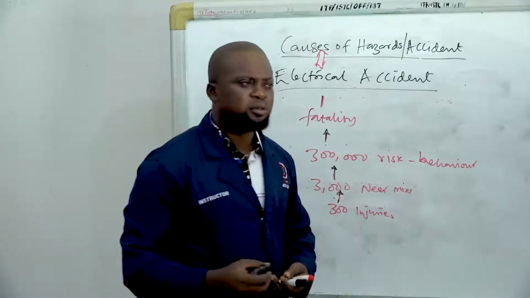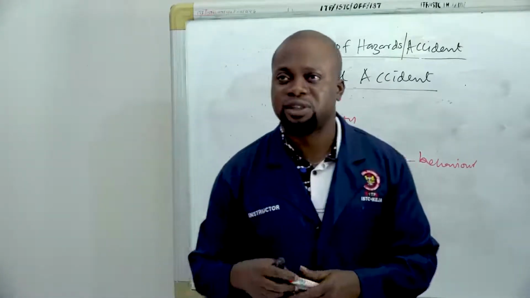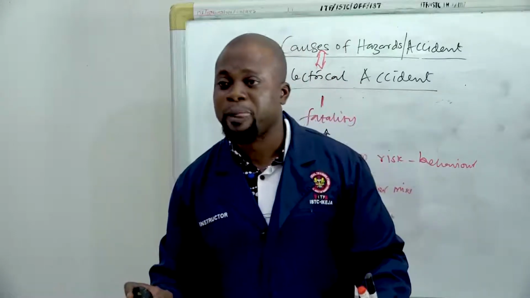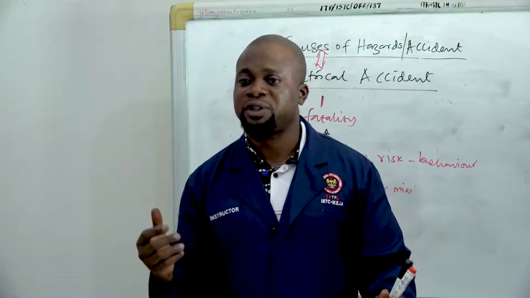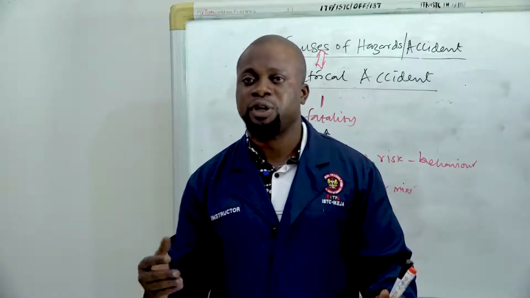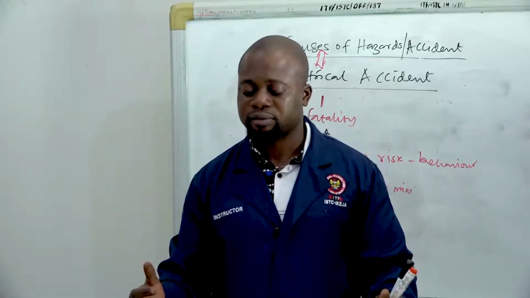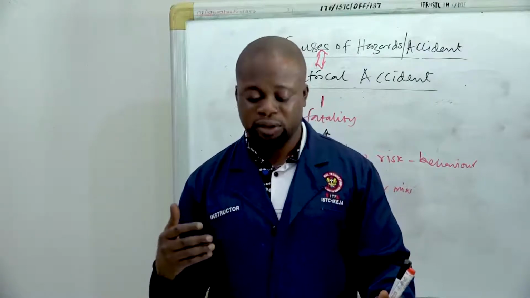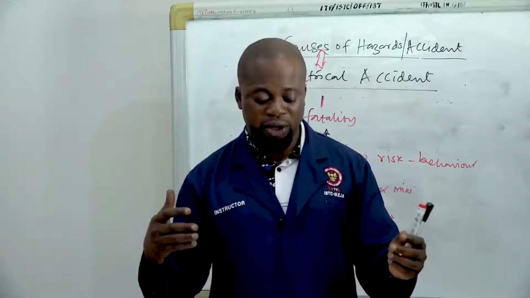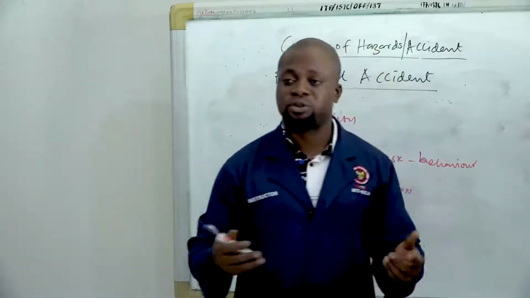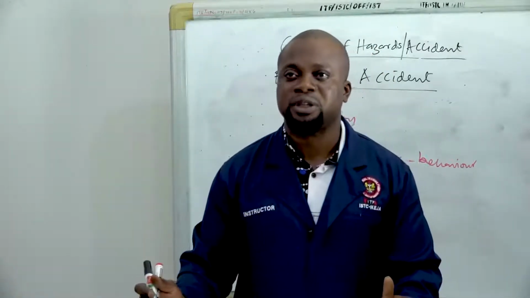So the ratio of serious accident to near miss, that is what we looked at here in the course. Then, what is the effect of electricity on the human body? Since we're considering causes, if peradventure you made contact, you ignore safe handling, you ignore the safety rules, then you make contact.